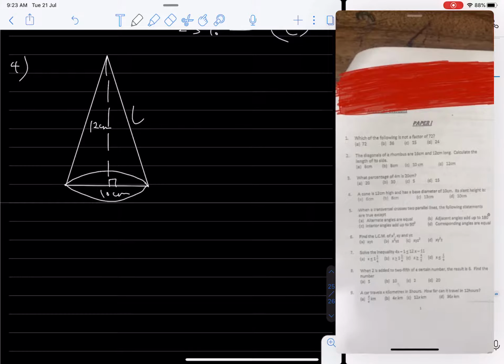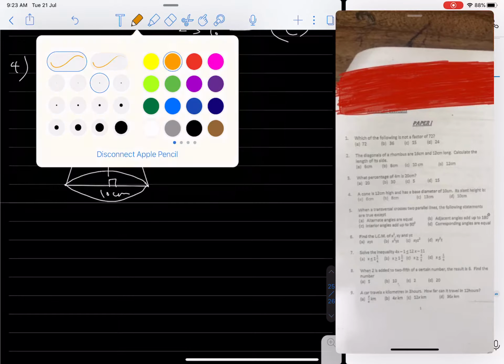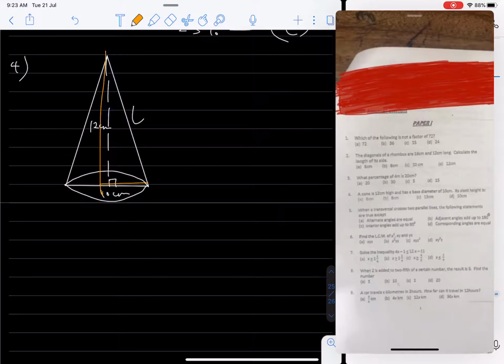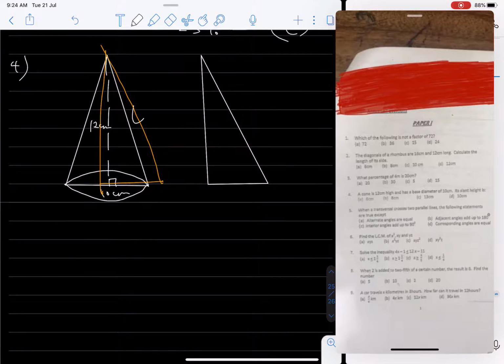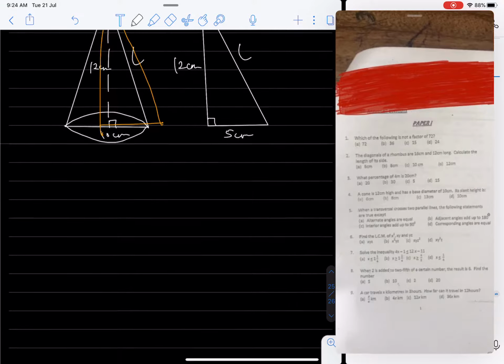So I can bring out this right angle triangle, and it's going to look like this. That's what I need to find the slant height of the cone. The base radius is going to be 5 centimeters, half of the base diameter. This is L, and the height of the cone is 12 centimeters. That triangle is a right angle triangle.